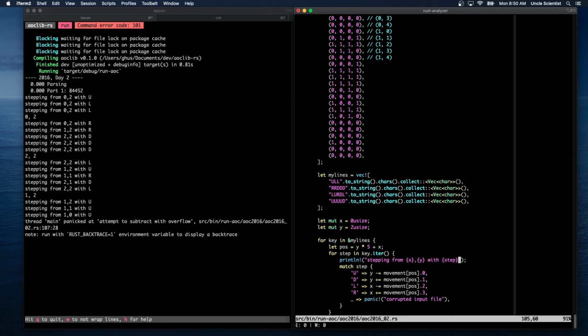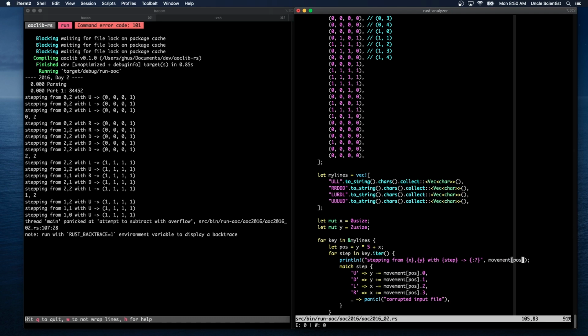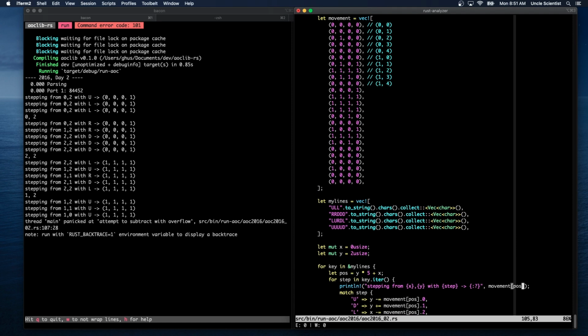Can I print this out? Movement pause. Oh, this is saying 1, 1, 1, 1, 1. How's that wrong? Stepping from 0, 2.